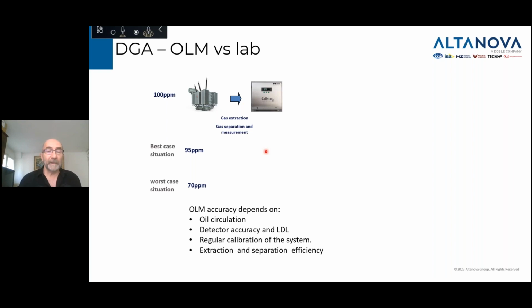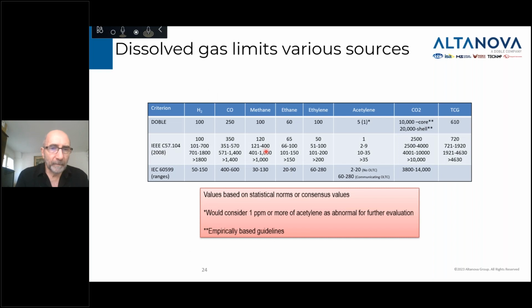And also, what kind of extraction and separation efficiency do you have? Each type of extraction system has a different efficiency, and that will also have an impact on how you're measuring it. So now let's look at what kinds of diagnostics we're using.